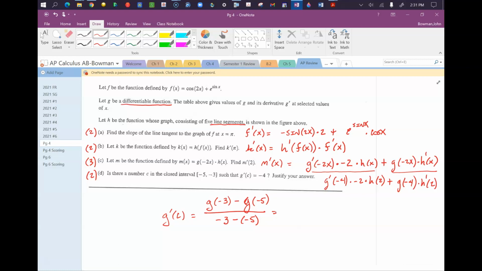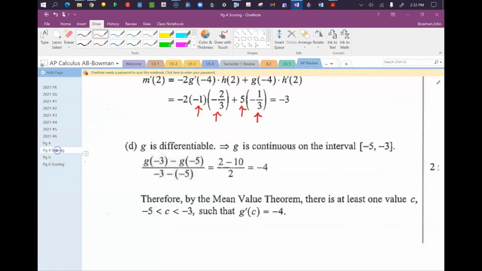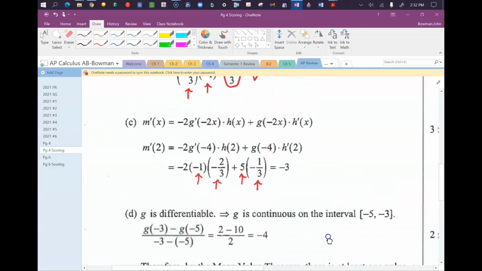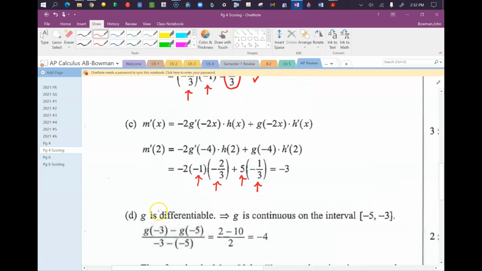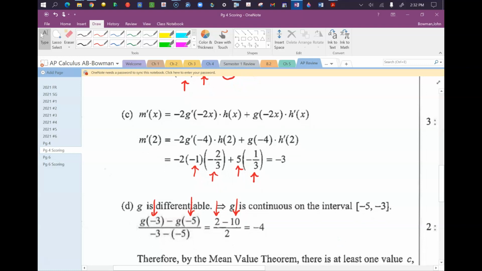So again, from the table we can find those values, and if we look at the scoring rubric, g of negative 3 is equal to 2, g of negative 5 is equal to 10, and negative 3 minus negative 5 is positive 2. So you simplify that and you get an average rate of change of negative 4.